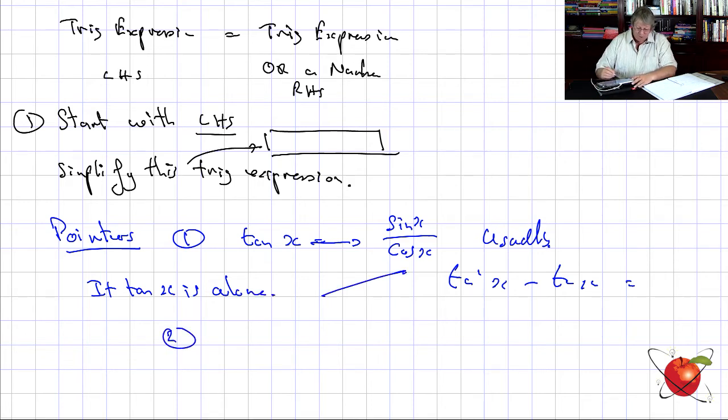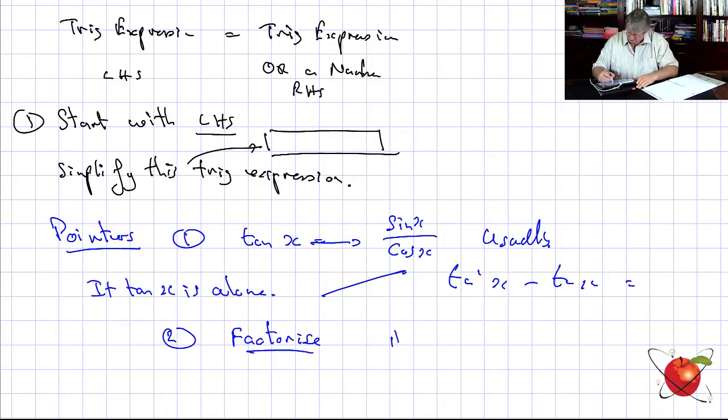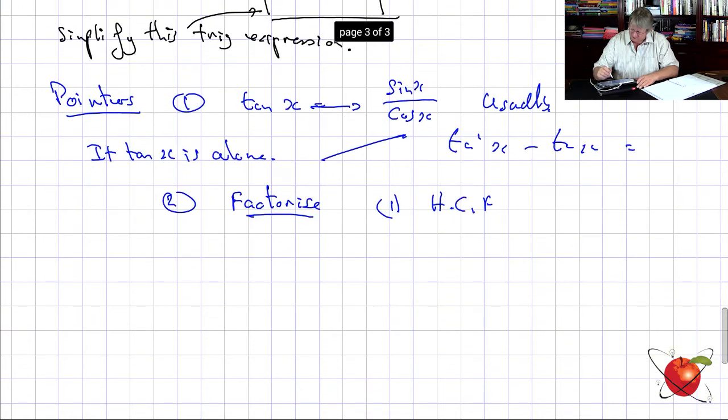Number 2, remember that you could factorize. Can you see this is very similar to the steps for simplifying algebraic expressions, where we look for the highest common factor? That still applies here. So factorize, using the same steps. Highest common factor. What did we have as number 2?